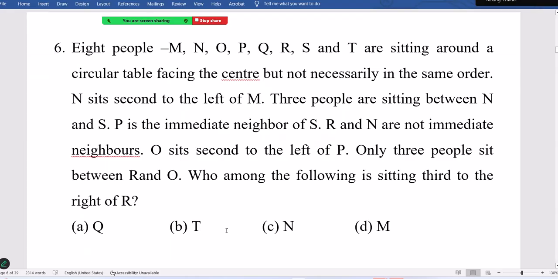I'll wait for your answer, then we'll start the discussion. Solve this question. Have pen and paper, work on it.